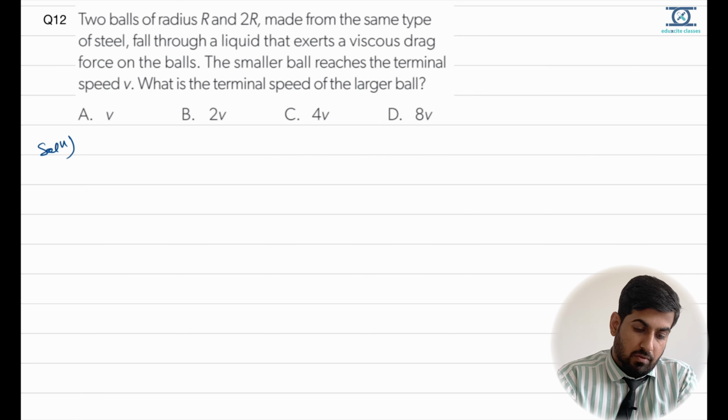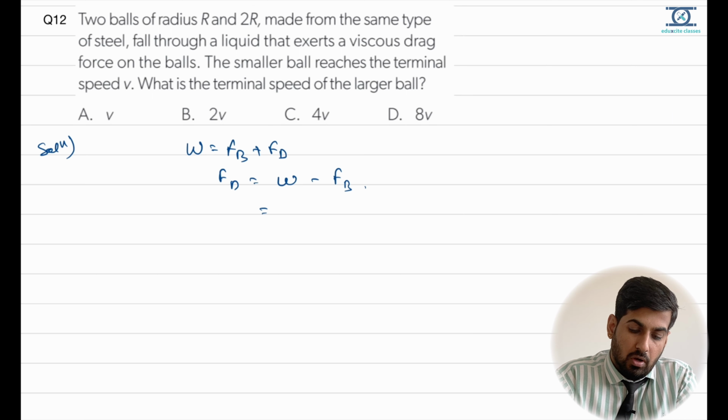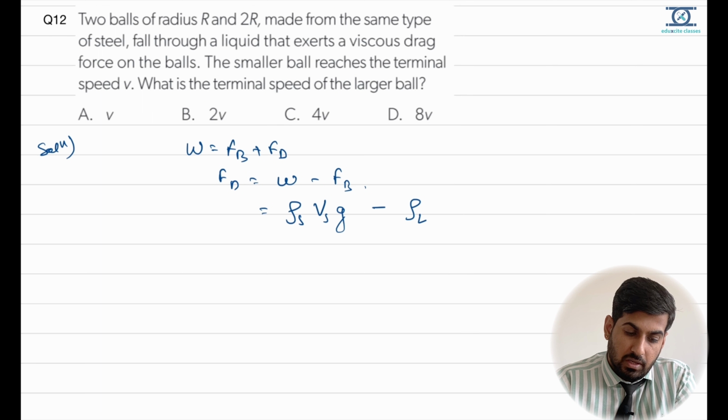Okay, now what we can do is, at the terminal speed the weight is equal to the buoyant force plus drag force, right? So drag force will be equal to weight minus buoyant force. Now the weight of the ball, I can say, is density of steel times volume of steel times g, minus buoyant force, which will be density of liquid times volume. The liquid is not given, just a liquid.